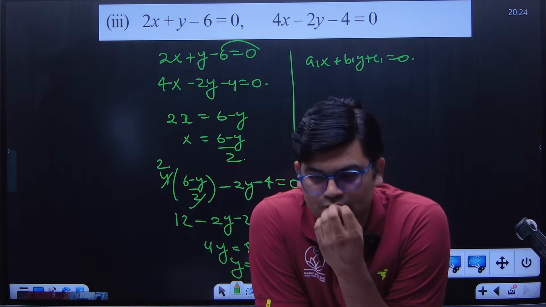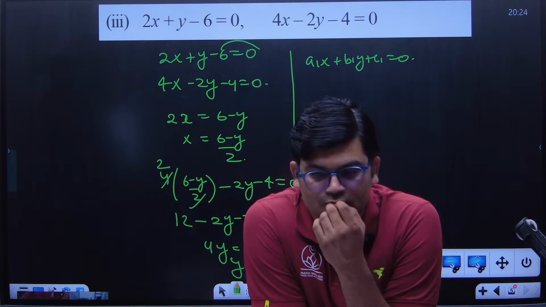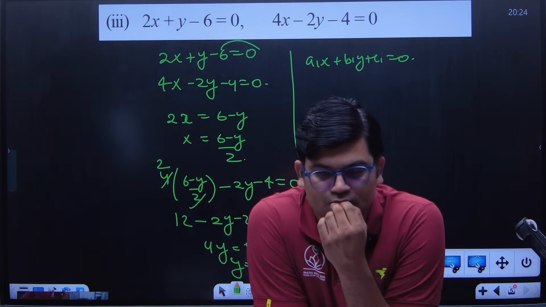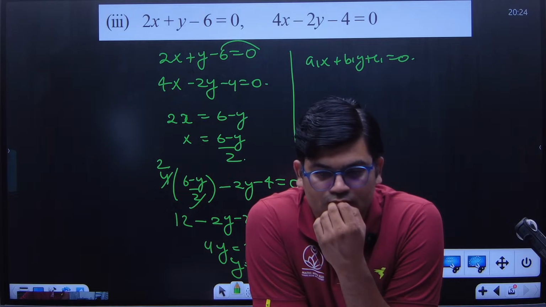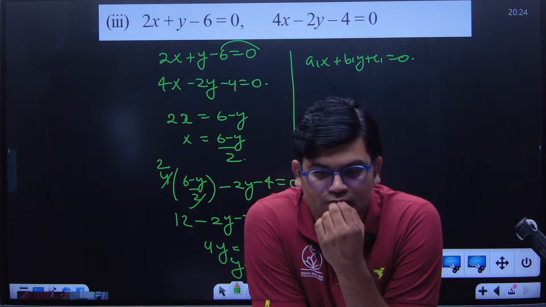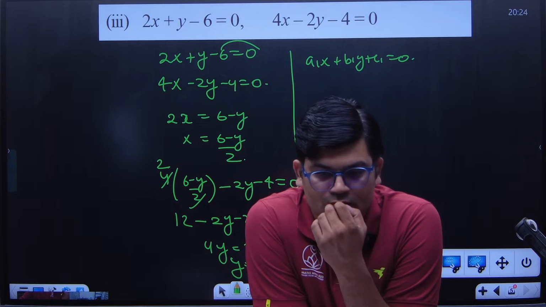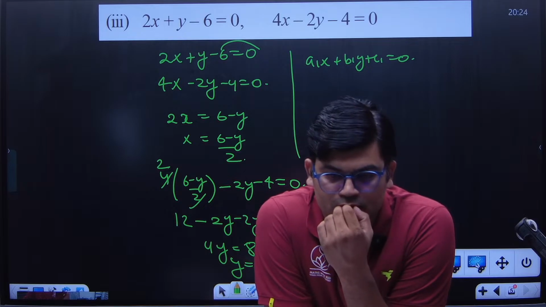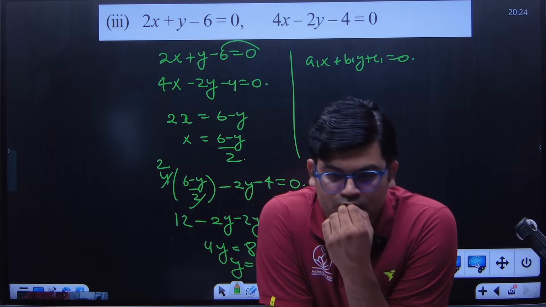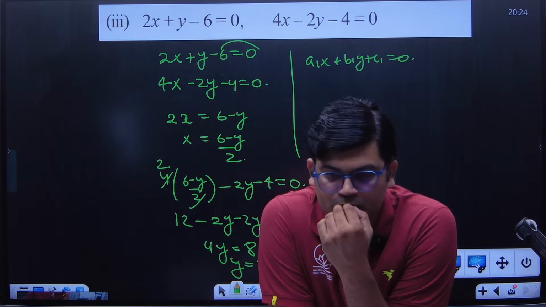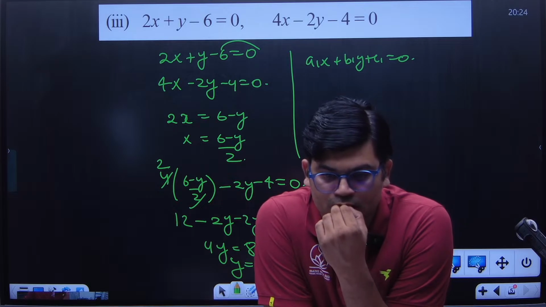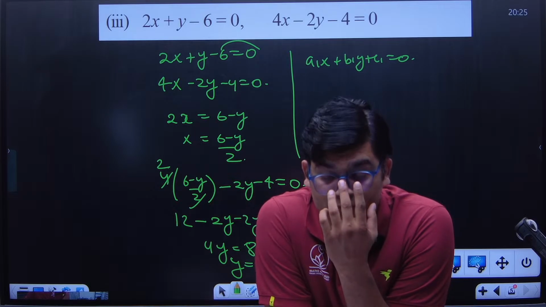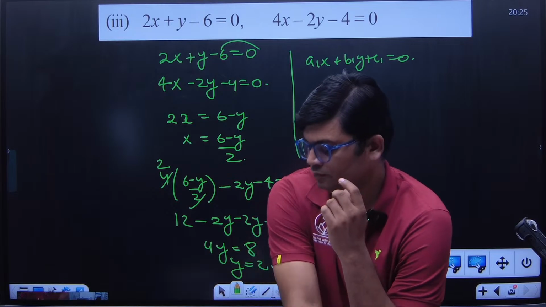So you get 12 minus 2y minus 2y again is equal to 4.